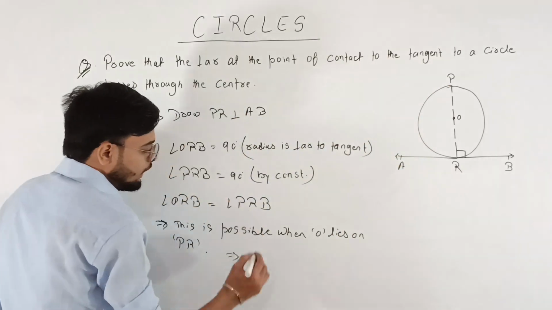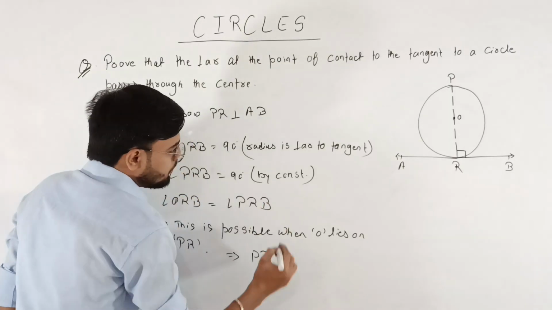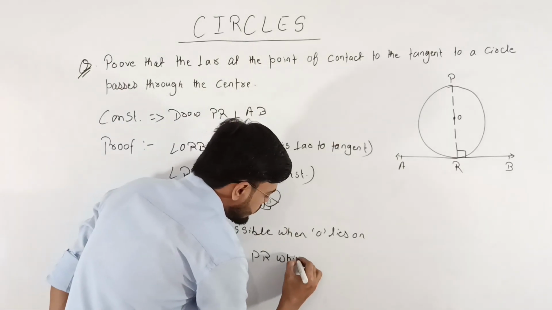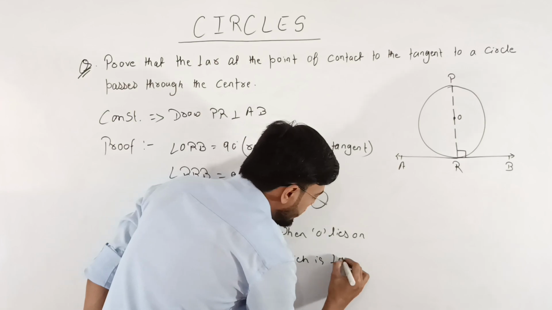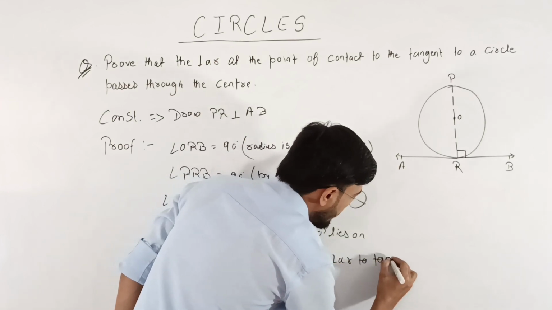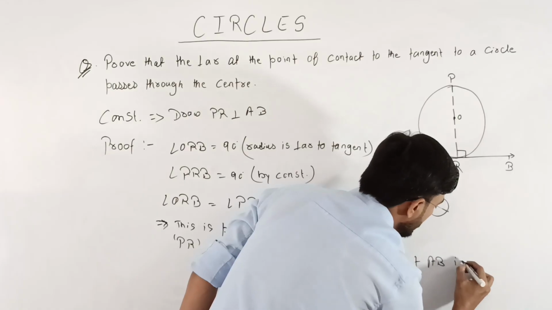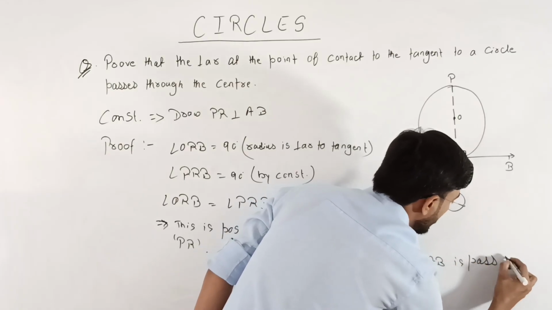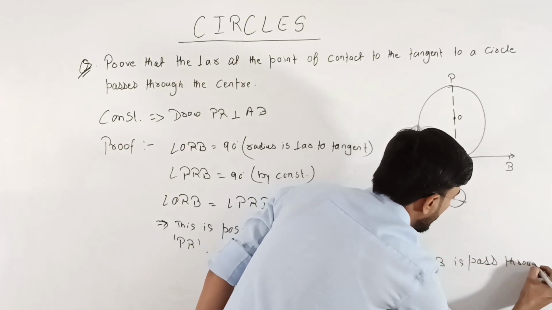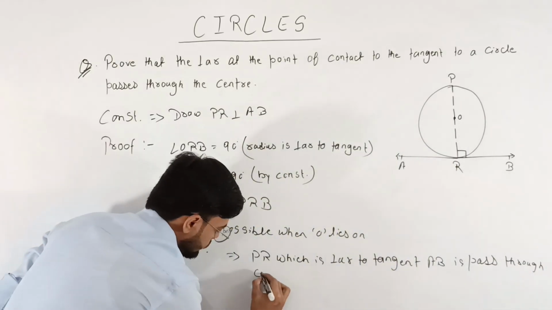Now from this, I write PR, which is perpendicular to tangent AB, passes through the center.